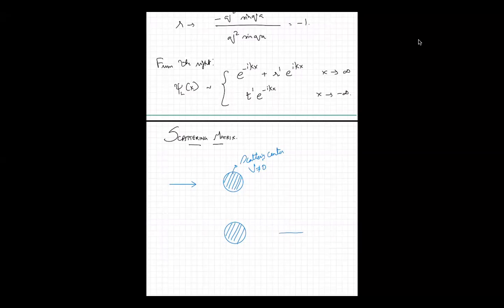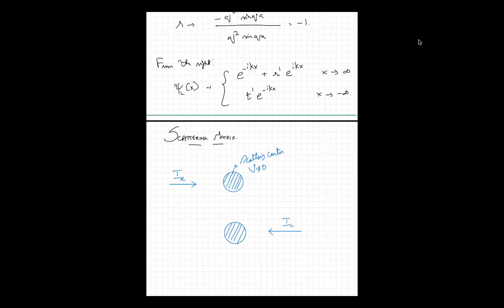So this is also an incoming wave. But since this wave is traveling to the right, this is incoming with subscript R. This is also incoming, coming towards the scattering center, but since the wave is traveling to the left, I will write it as I sub L.